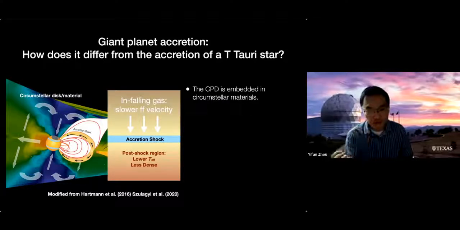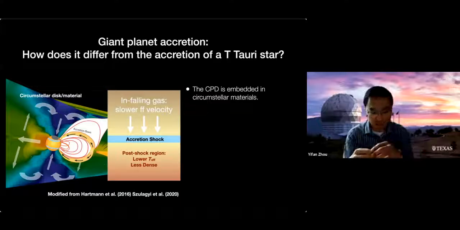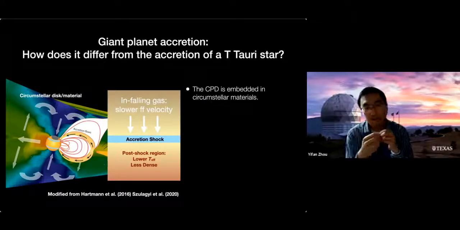So to compare this giant planet accretion regime and the stellar accretion regime, we can think of the planet accretion as a scaled down version of the stellar accretion. The planet may have enough magnetic field to support magnetospheric accretion.